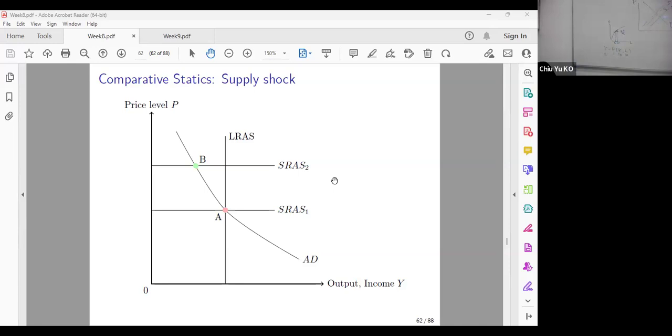But in the long run, everything becomes more expensive and you have less output. You can imagine this as oil becoming more expensive, or a war in, I don't know, the Gulf Coast. Everything becomes more expensive. It's B here, less output. But in the long run, you adjust and go back. So that would be the model.